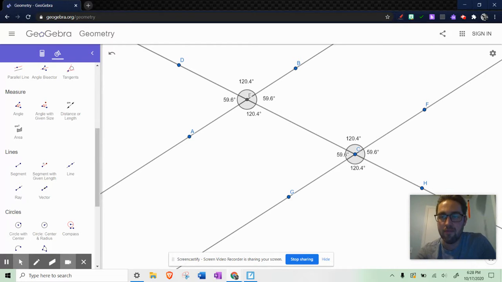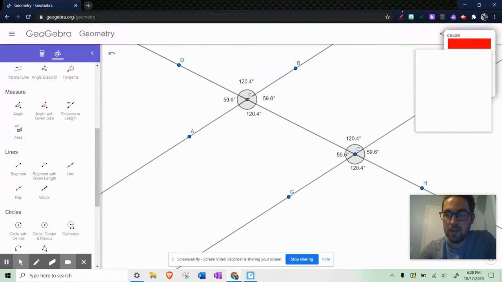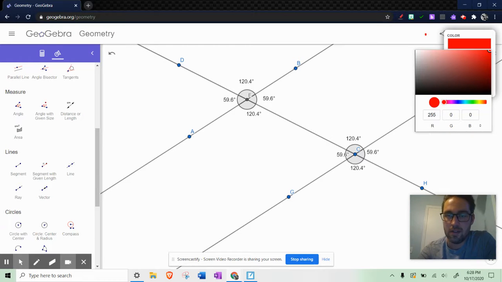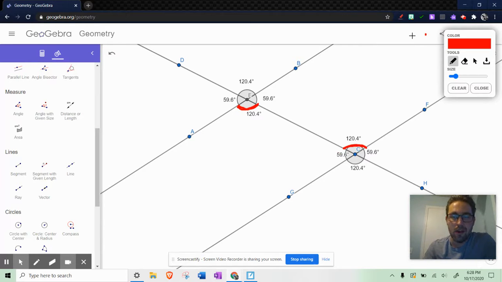And we have, for example, let me pull up here. Excellent. This angle and that angle, those angles are alternate interior angles because they're inside of our two lines.